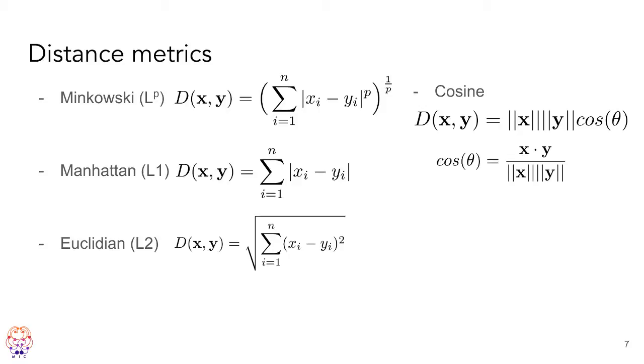The Minkowski metrics are a family of different metrics that you can use, parameterized on P. There are 2 special ones that we regularly use, which are the Manhattan distance, which is Minkowski when P equals 1, and Euclidean, which is Minkowski when P equals 2.